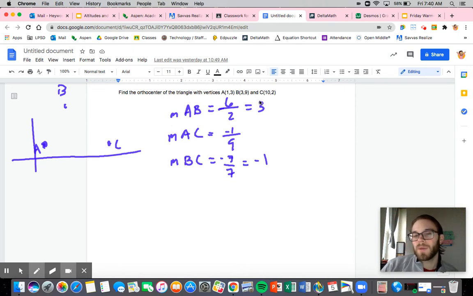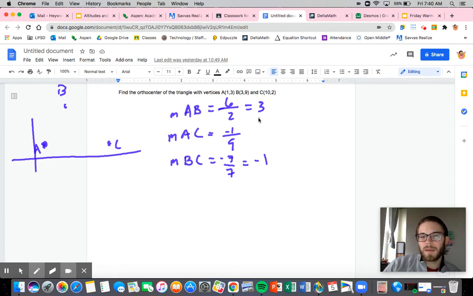Then we had to decide between the other two. From quick inspection, I'm going to pick AC, because that would give me a 9 as my perpendicular slope.